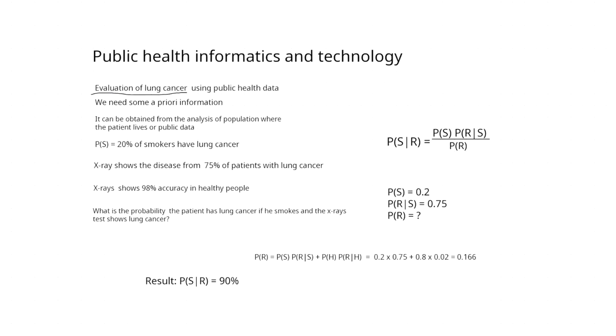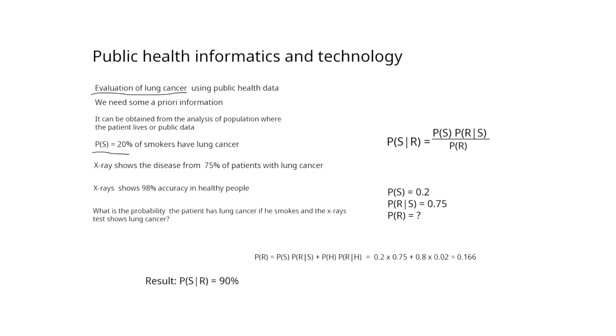We know that in this country, about 20%, can be 18, depends on the counties, but in general, 20% of smokers have lung cancer. So this is the first data we have. You can use other data if you look at different communities, but it won't change the results much. So let's take this 20% as an example, all right?